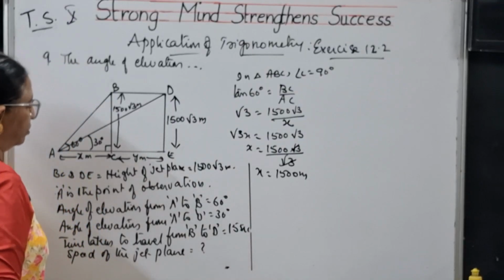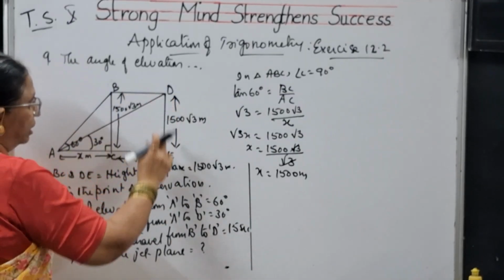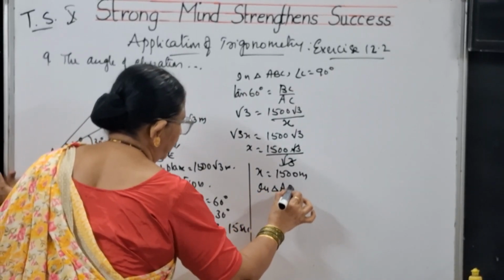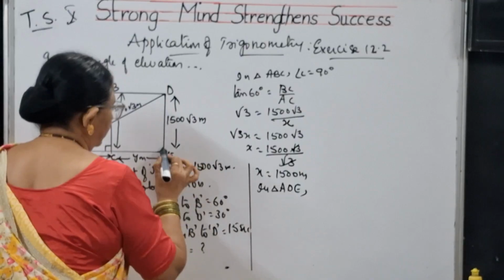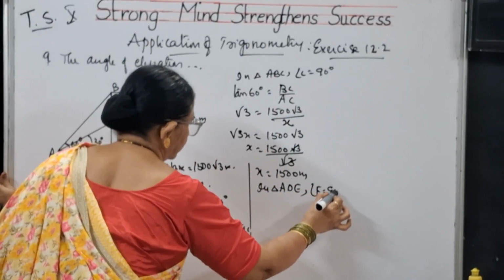Now let us take the other triangle. What is the triangle, children? Triangle ADE. In triangle ADE, angle E is 90 degrees.